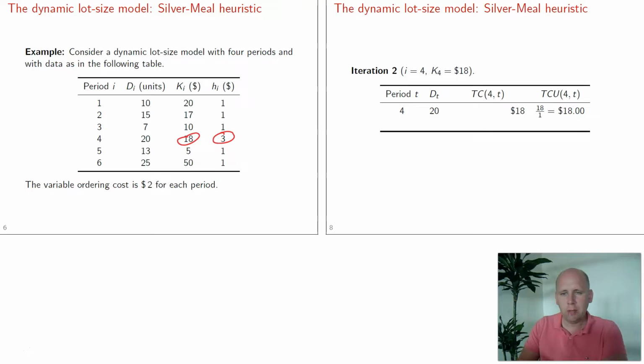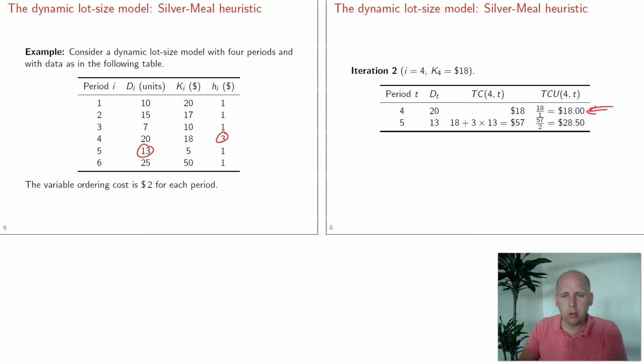So in period 4, if we also order for period 5 there, then you see that we add 3 times 13. So 3 times the amount that we need for period 5. And then the cost per period is immediately going up. So that means that we have now immediately found a local optimum. That means that in period 4, we will only order for period 4 itself.